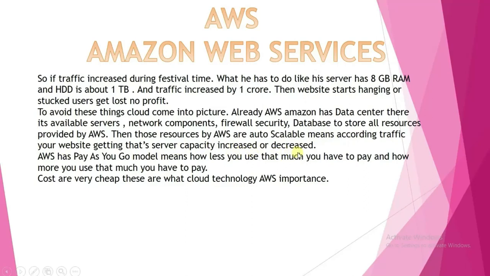If your website is getting 1000 people of traffic, then the scale of the server is reduced. Only as many resources as your website needs are used. If your website gets 1 lakh or 1 crore traffic, the server capacity automatically increases. All these settings are already ready made in the AWS platform.